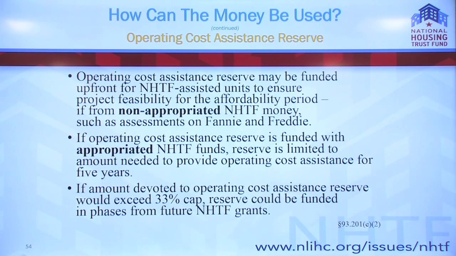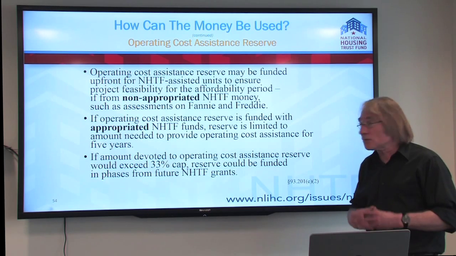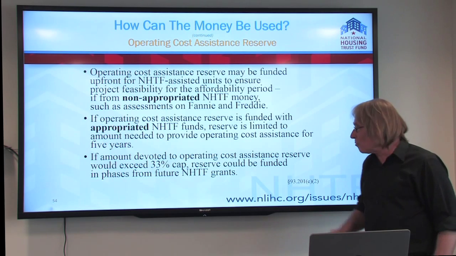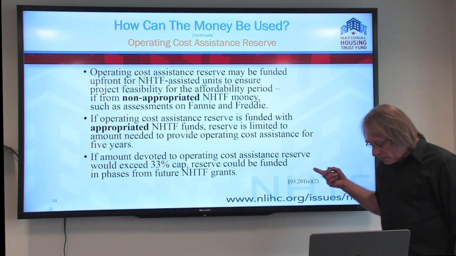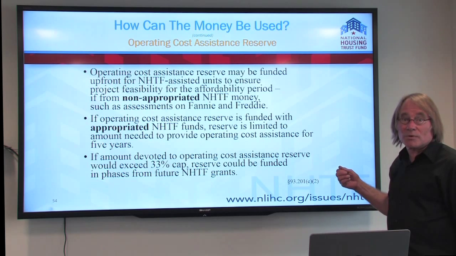This applies mostly to any non-appropriated trust fund money, such as assessments coming from Fannie Mae and Freddie Mac, the dedicated sources of funding that we are initially having for the trust fund. We don't know that there are ever going to be appropriated funds, so don't worry about that. And again, the reserve applies to the 1/3 cap as well.